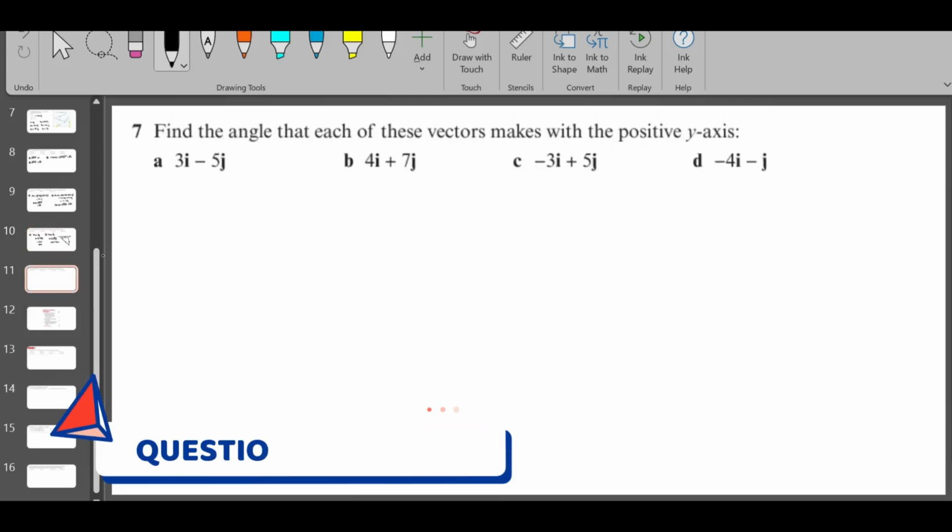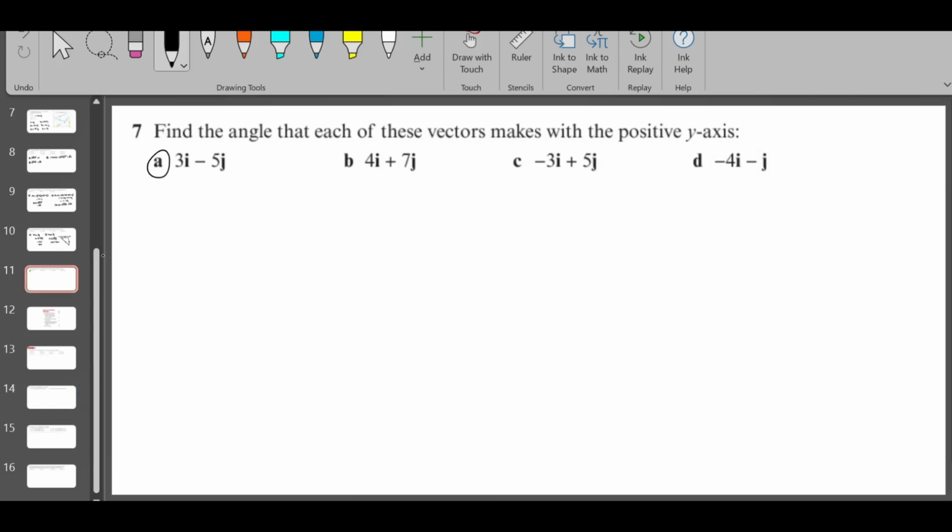Now let's take one more question, 7a. 3i minus 5j. Find the angle that it makes with the positive y-axis. Okay, 3i minus 5j. We are talking about this vector. This is 3, 5. So the y-axis is here.